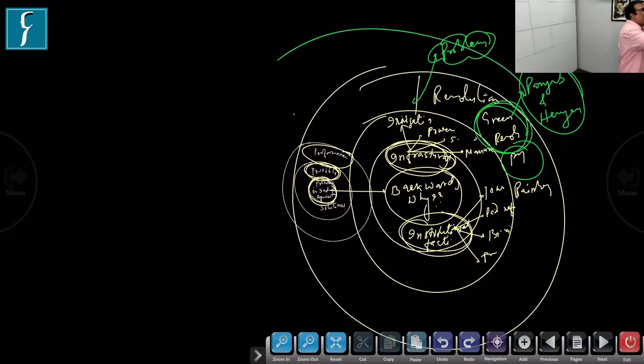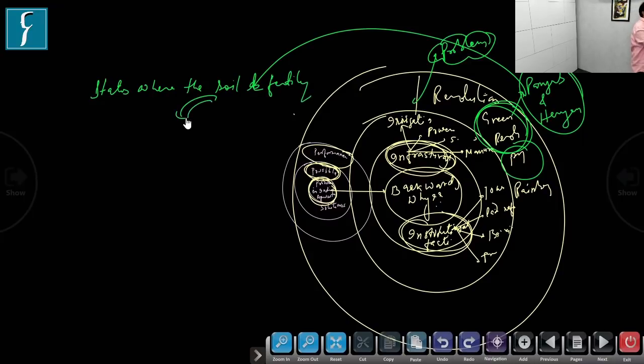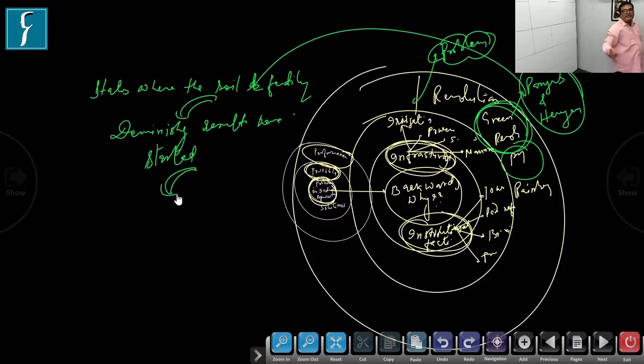Punjab and Haryana became the states where the soil is losing its fertility. Diminishing returns have started coming. And in the current news, in the last two or three days, yesterday only, the Rajya Sabha has passed a bill, and they want to end the mandi system.